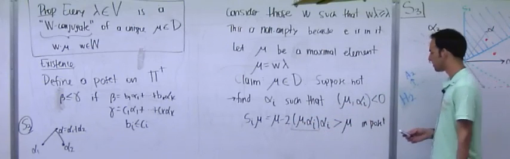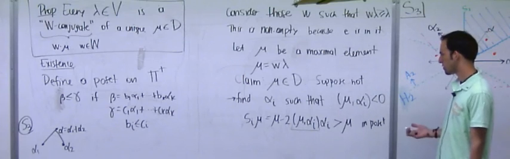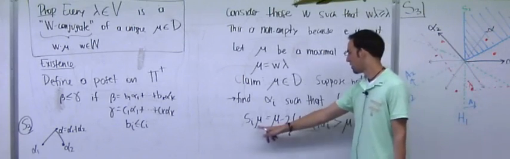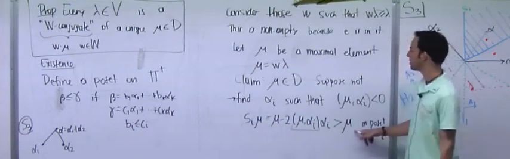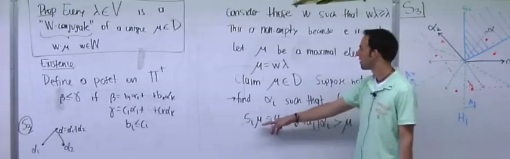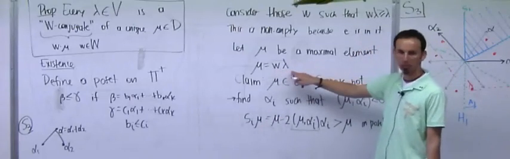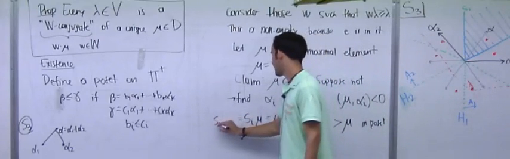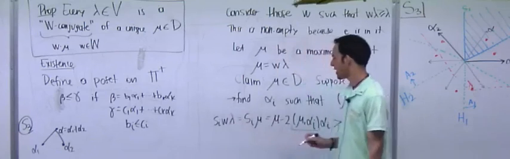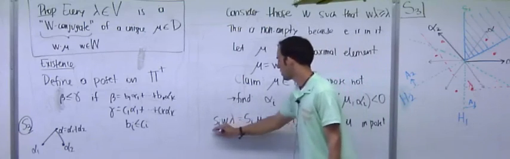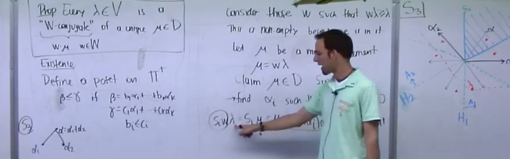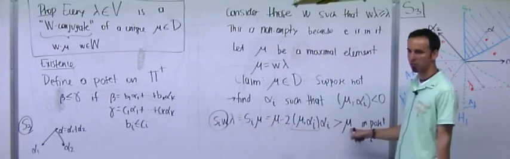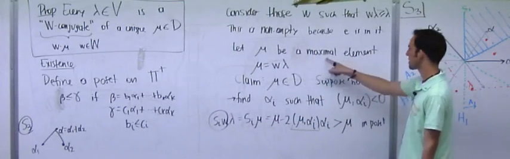And so what I have found is something that is bigger than mu, but also, mu was supposed to be of the form w lambda, right? And so this is S_i w lambda. And so what I found is a group element that I can put to act on lambda and obtain a bigger root than mu. And that contradicts that mu was maximal.